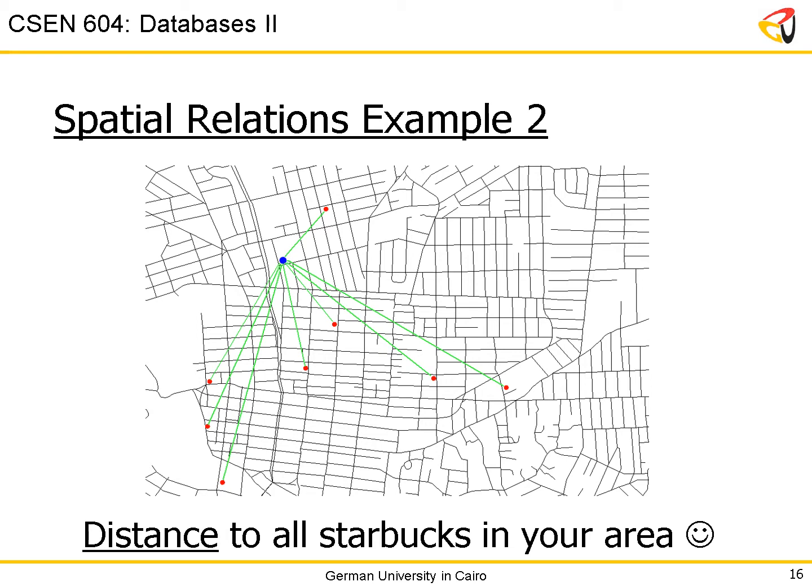You cannot answer that with this type of proximity query. Because here proximity is using your longitude and latitude, and the longitude and latitude of every one of the Starbucks, to get a straight line measurement. But if you're interested in actually following the path through the streets, that's something you cannot do with proximity. You will answer it with the other types of queries we're going to talk about.